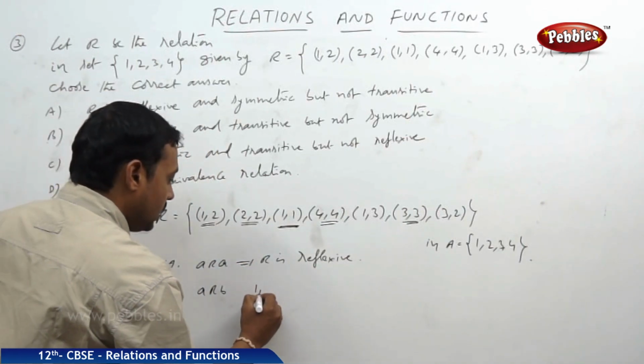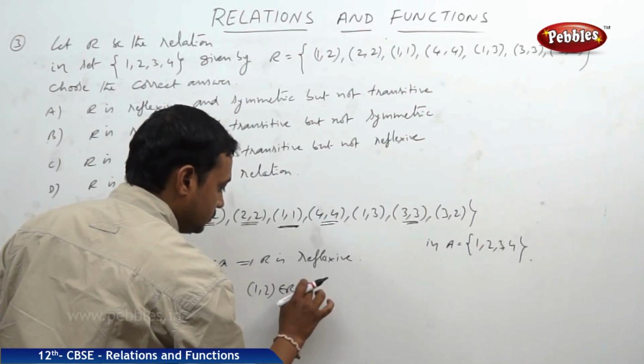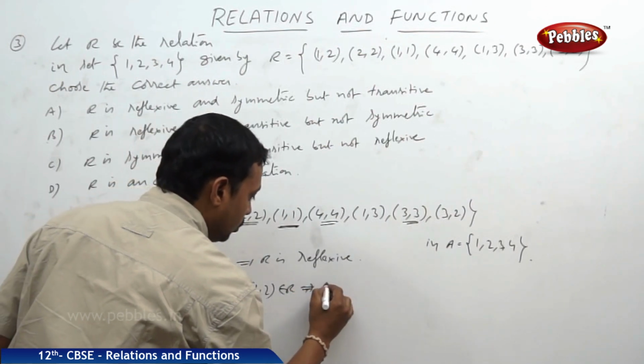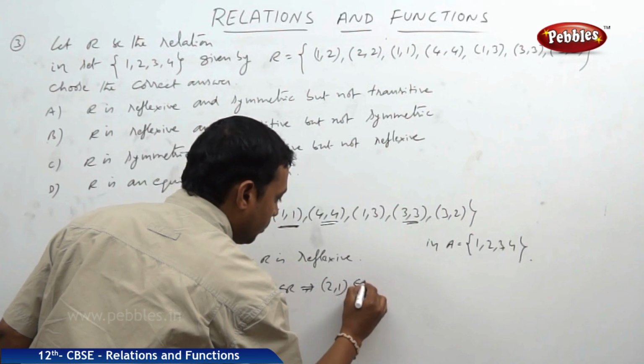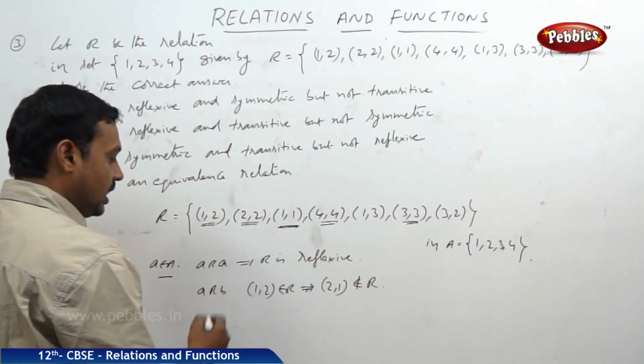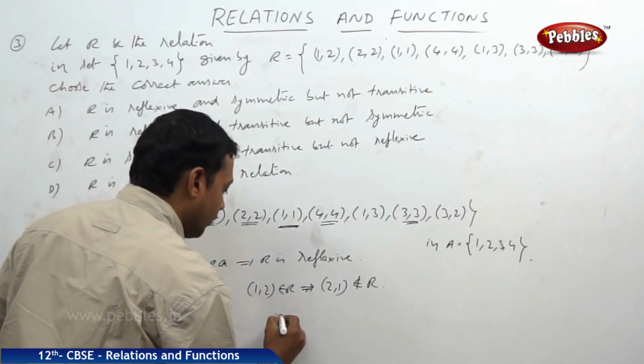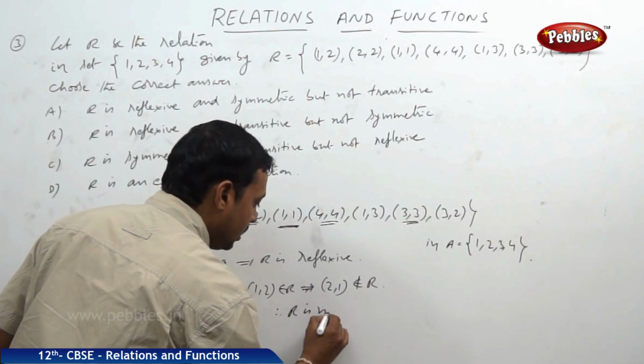Hence, (1,2) belongs to R but (2,1) does not belong to the same relation. Therefore, whenever a is related to b but b is not related to a, the given relation R is not symmetric.